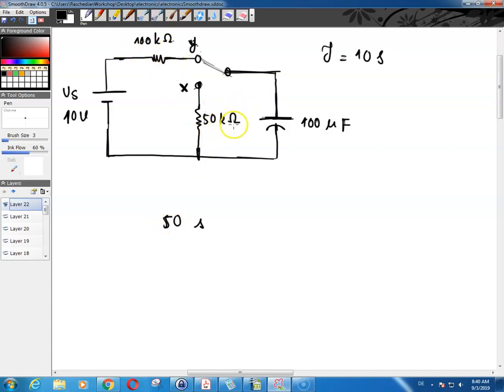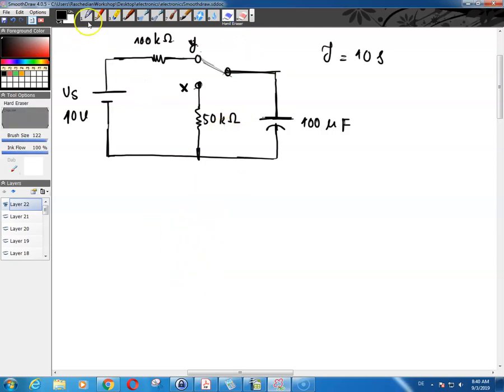Now the discharge resistor is 50 kilo ohm, half of that resistor. So it's going to take half of this time to discharge the capacitor, which is going to be approximately 25 seconds.